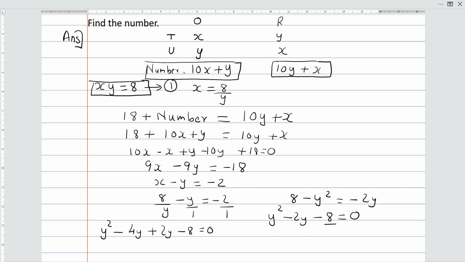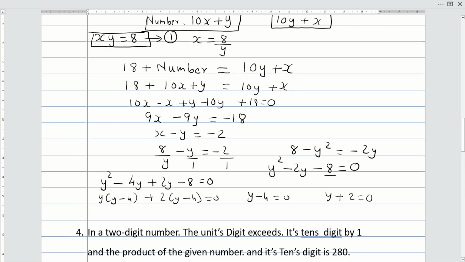Correct, students? So y into y minus 4 plus 2 into y minus 4 is equal to 0. So we'll equate each factor with 0. y minus 4 is equal to 0 and y plus 2 is equal to 0.